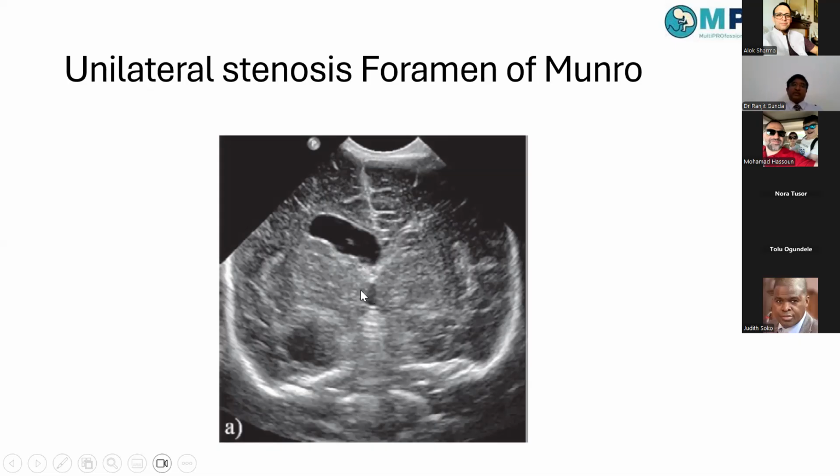So it is a case of unilateral stenosis of the foramen of Monro. Just by this picture we might not be able to tell that, but we need to look at all the measurements and the underlying pathophysiology, what the baby might have gone through. And the midline shift also tells us there is pressure from the right ventricle side.